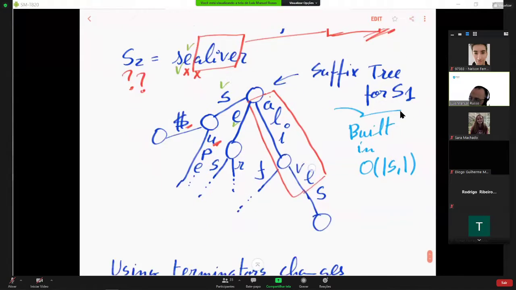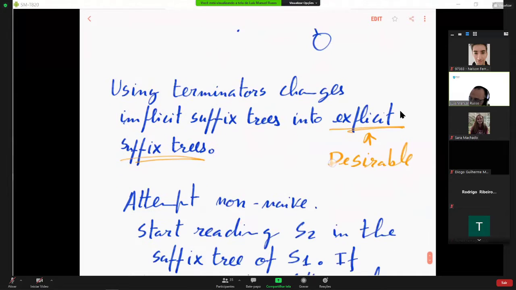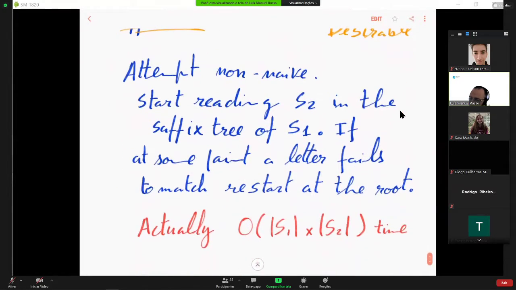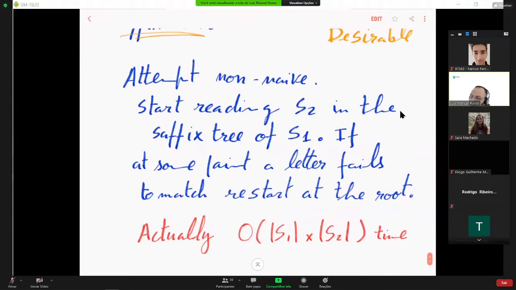So we have an idea for a non-naive algorithm. But actually this algorithm won't be non-naive, it will be similar to the naive one. Our idea was we take our string S2 and try to read it in the suffix tree of the string S1.